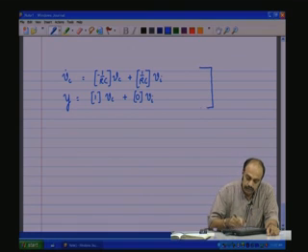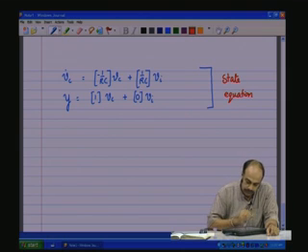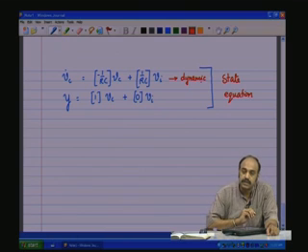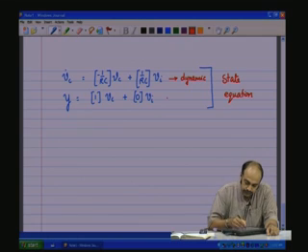So, these two equations together are called the state equation for that circuit. This is the dynamic equation, which is a first order differential equation, and this is the output equation.